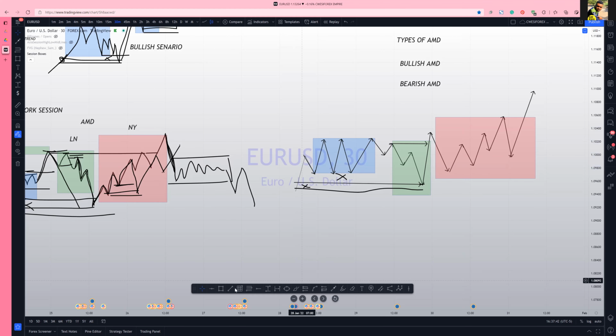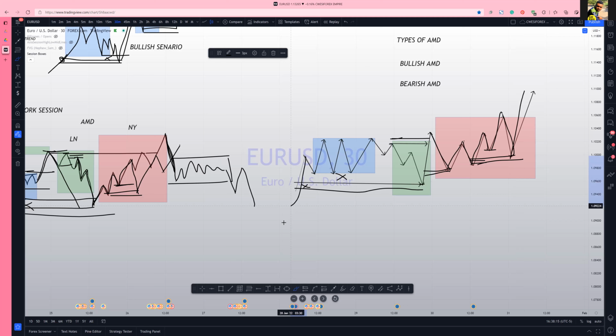So you can see that price has taken out this London high over here, and came back to fill inefficiency, went up again, created this liquidity over here, left an order block over here, and price came back to mitigate this order block. The price starts continuing its original trend.